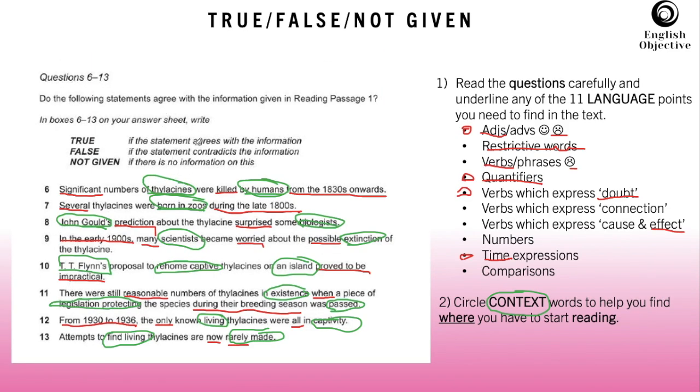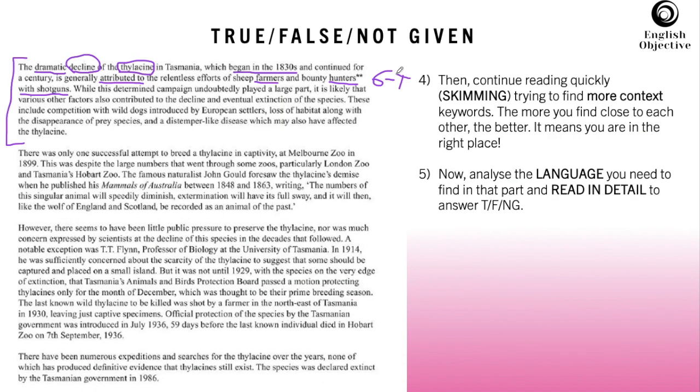Because I found all the language points that I needed. I have the adjective, I have the negative connotation, and I have the time expression. Now I know this is the right place because I have also my context keywords together with the language points. So when I have so many keywords all together, it means this is the right place.